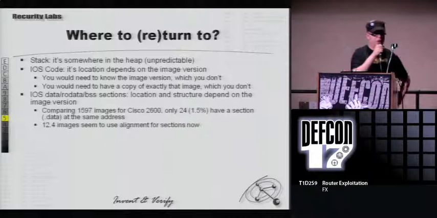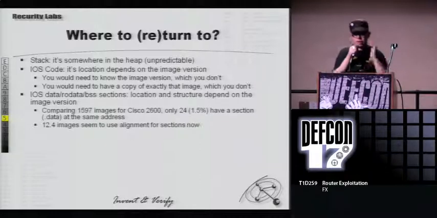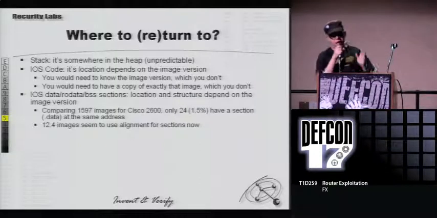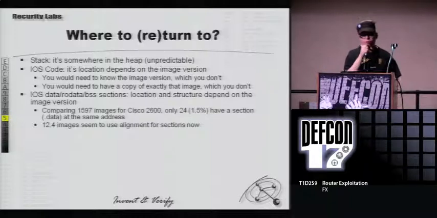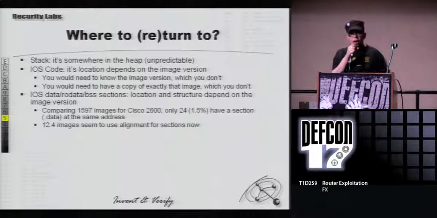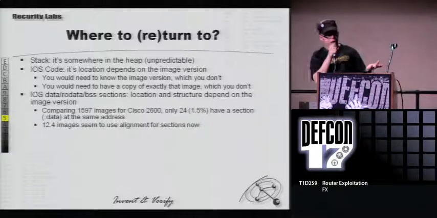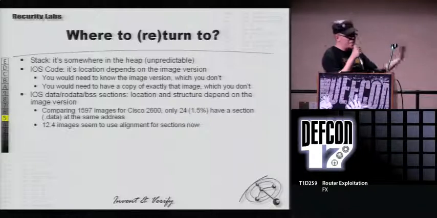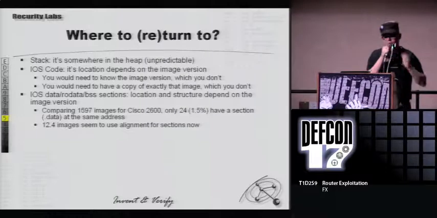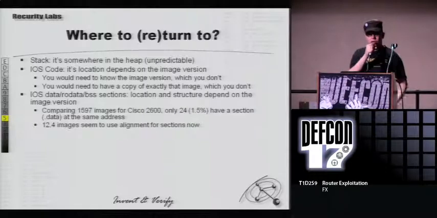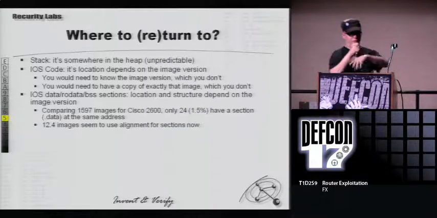For this talk, I actually went ahead and compared the 1,597 images for the 2600 machine, and compared the addresses of the sections, because I thought, well, maybe they align sections to a common address. But they're trying really hard to keep this small, because they're putting so much bullshit in it.